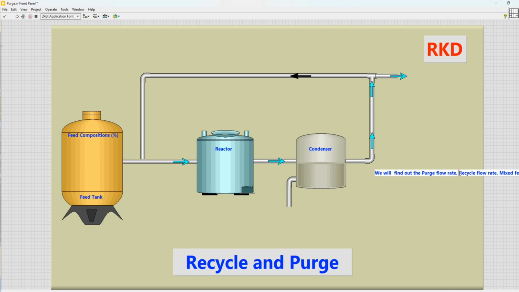Then we can calculate the purge ratio, recycle ratio, and combined ratio.